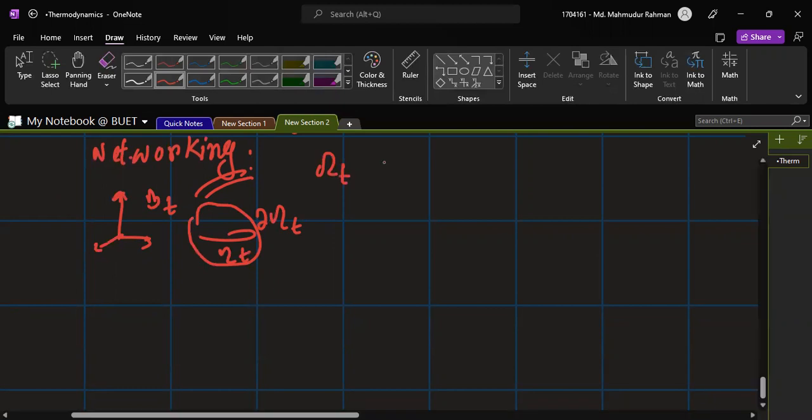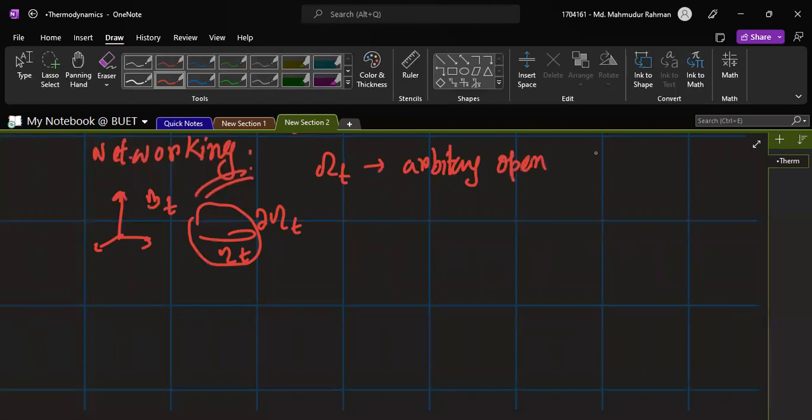This open subset comes from real analysis. If a set satisfies certain properties, we call it an open subset of BT, the configuration space BT.